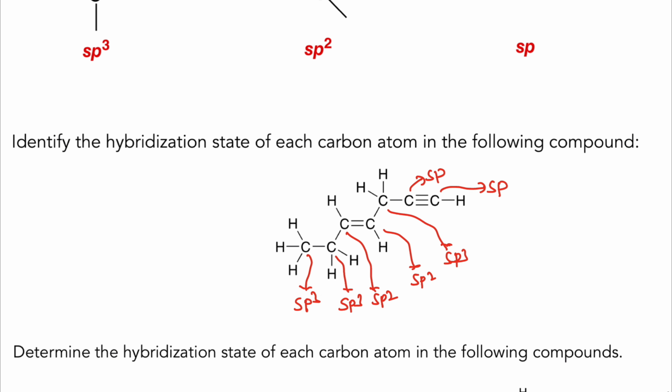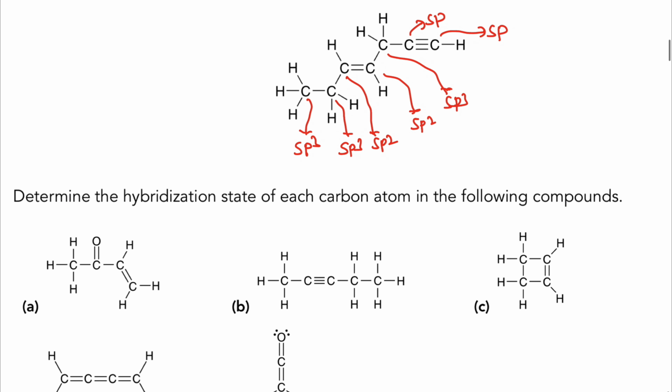You just apply the skill you learnt before. And similarly here, this is sp3, this is sp2, sp2 and sp2, sp3, sp, sp, sp3 and sp3. Whether it is an open chain compound or a cyclic compound is immaterial, that rule always works.